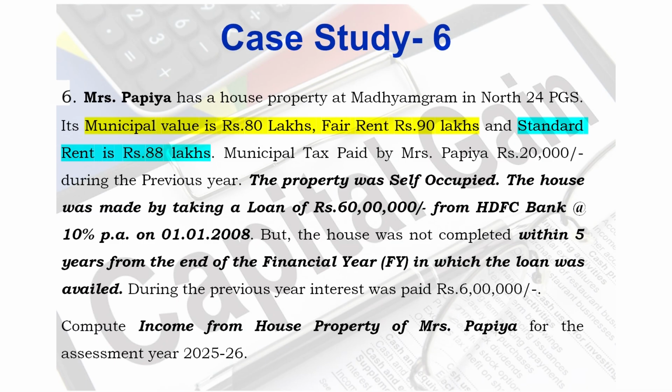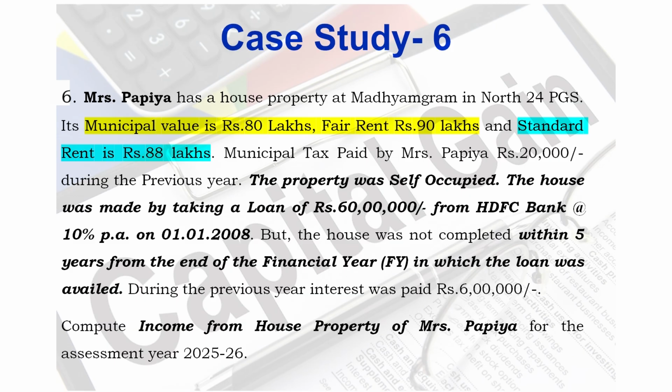Now let's see another case study. Here Mrs. Papia has a house property at Modhamgram in North 24 Parganas. Its municipal value is rupees 80 lakhs, fair rent rupees 90 lakhs, and standard rent is rupees 88 lakhs. Municipal tax paid by Mrs. Papia is rupees 20,000 during the previous year.